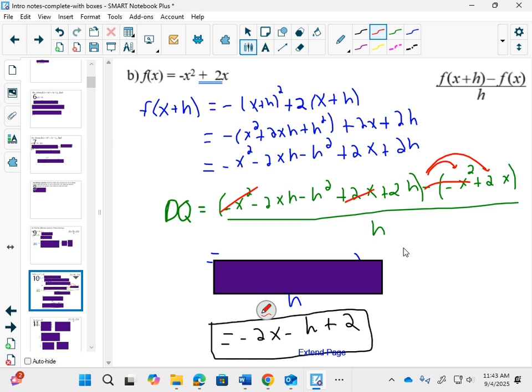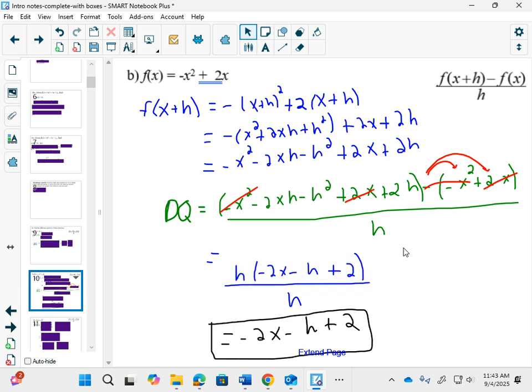And this 2x will cancel out with the minus 2x. And we're left with just the 2xh, the minus h squared, and the plus 2h, which you could factor h out of. Really nice, because if it's multiplying, then you can simplify those, and just get negative 2x minus h plus 2.